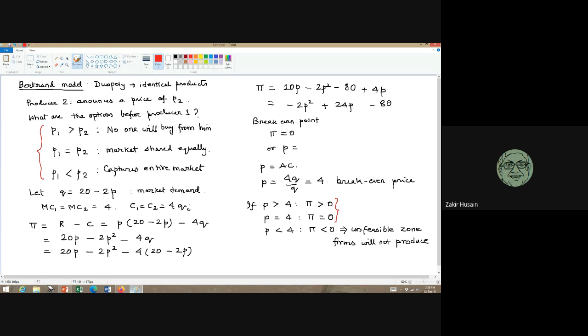So one is this condition and one is this condition, these three conditions. Price will be at most equal to P2 or it will be less. And here we see that price cannot fall below 4. So if we combine them, what do we get?